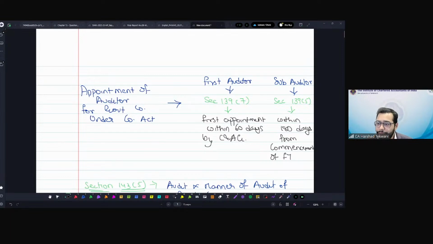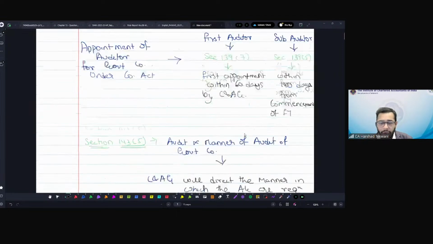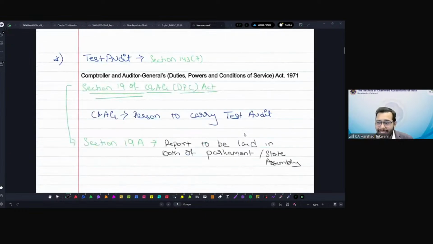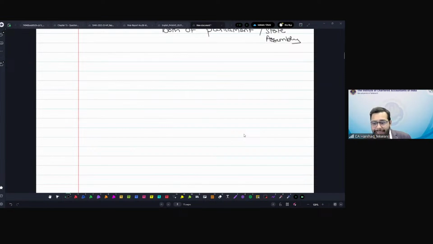Can I say that C&AG is the additional element in the case of government audit? Correct? In normal audit, what happens is you have basically those charged with governance or management, you have the responsible party, or the intended users, both are same, and then you have the auditors.